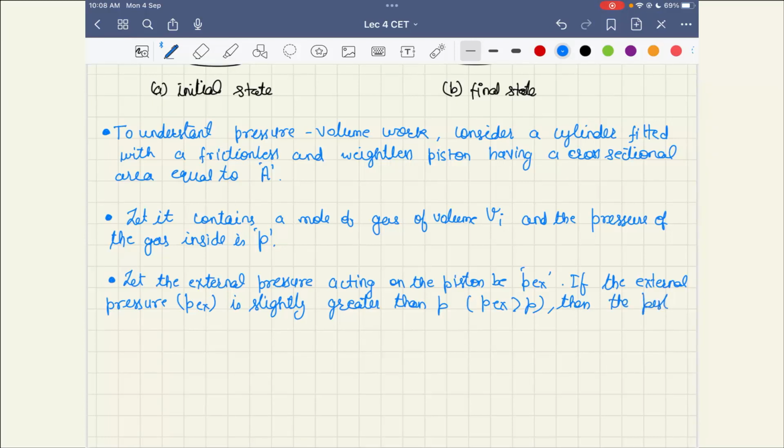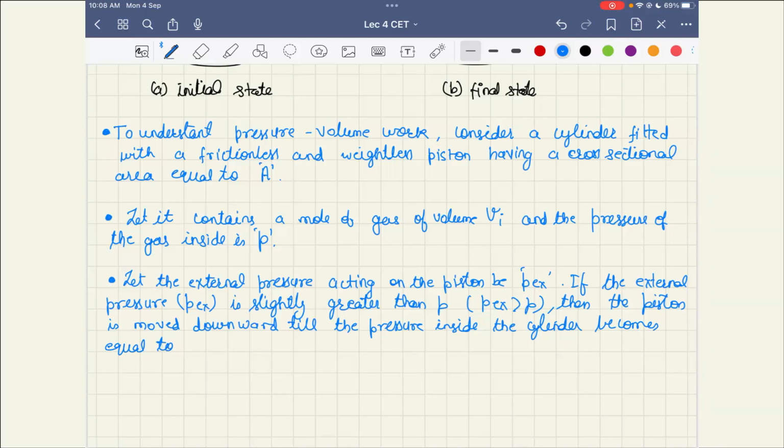the piston is moved downward till the pressure inside the cylinder becomes equal to P external, right?